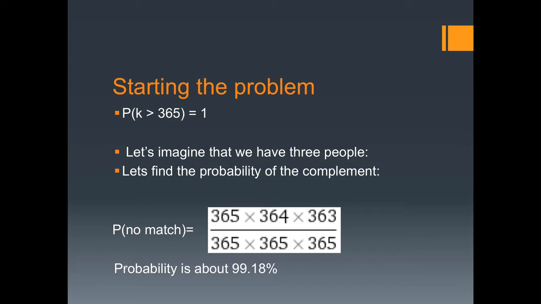And consequently, the third person has only 363 days, considering that 2 other days have already been taken. Then I divided that number by all the total possibilities, and that gives me the probability that there's no match. This fraction comes to about 99.18%, meaning that there's a very small likelihood that with only 3 people in the room, 2 of them would have the same birthday.